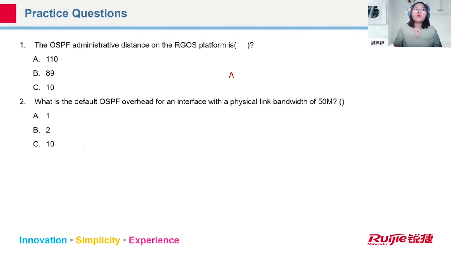The second one, what is the default OSPF overhead for an interface with a physical link bandwidth of 50 Mbps? What's the result? What's the result of the option of the second question?